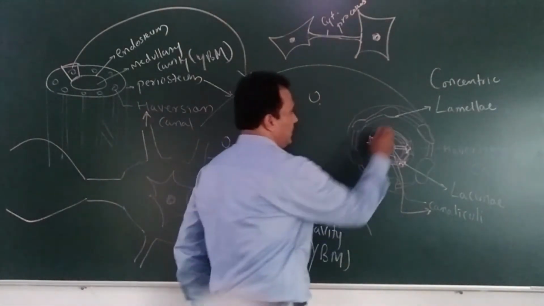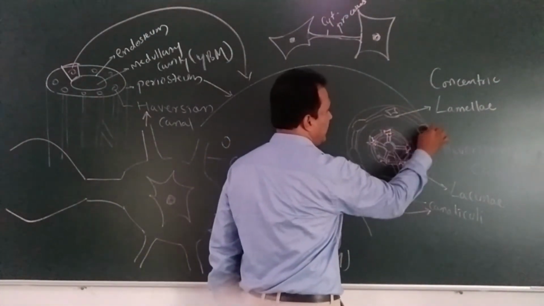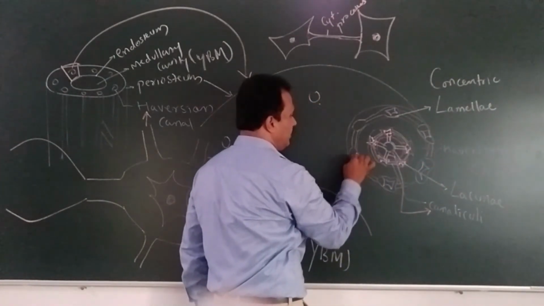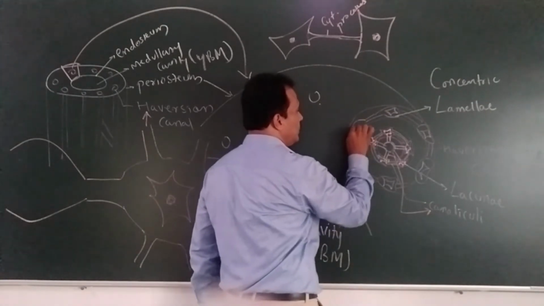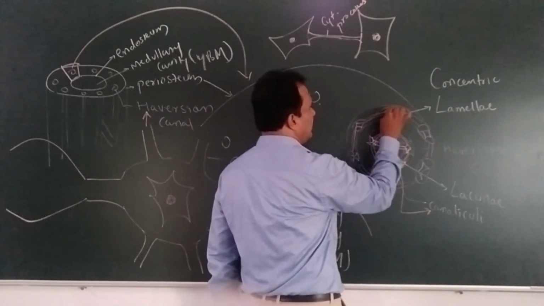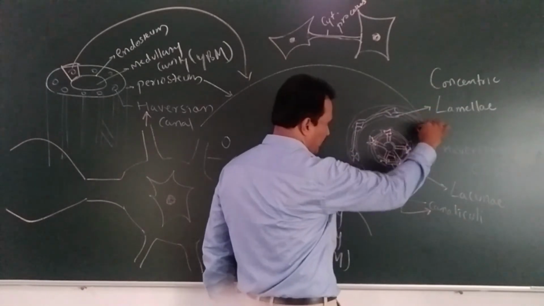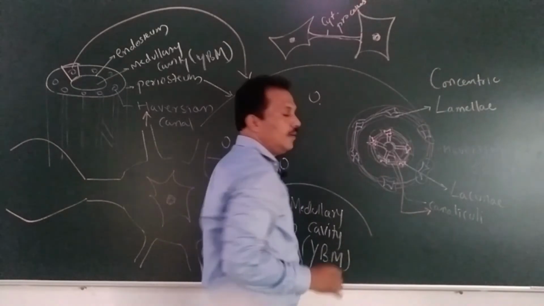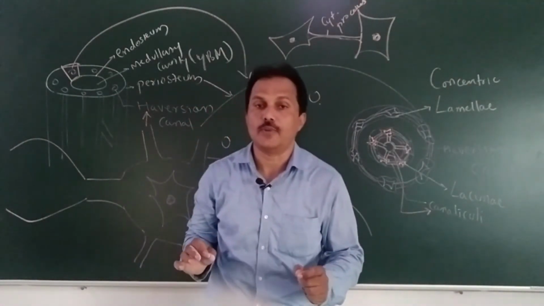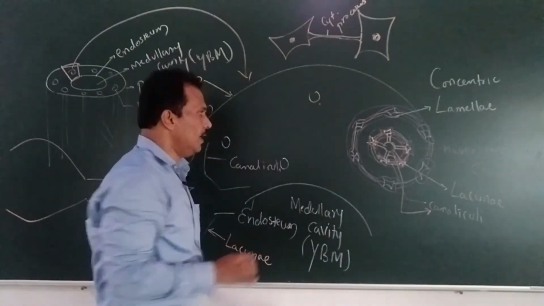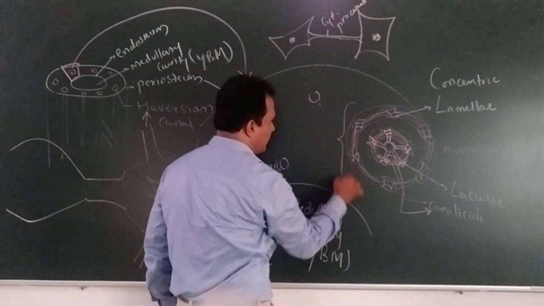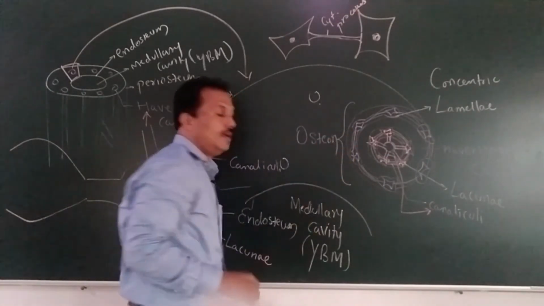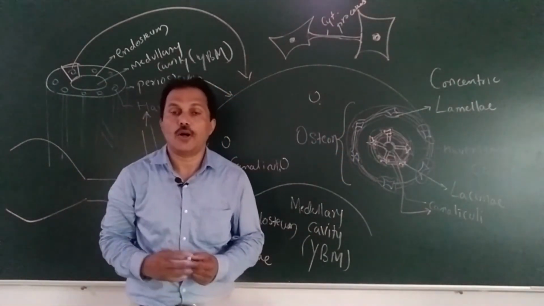These irregular spaces are filled with osteocytes, and these osteocytes are connected with each other with the help of cytoplasmic processes. And this one entire structure is known as osteon.